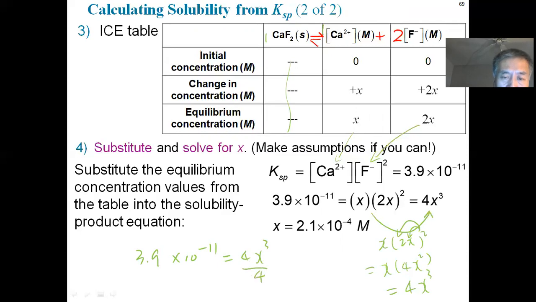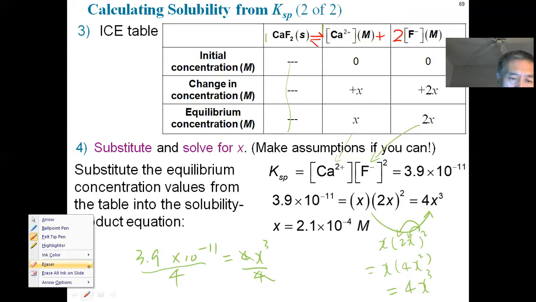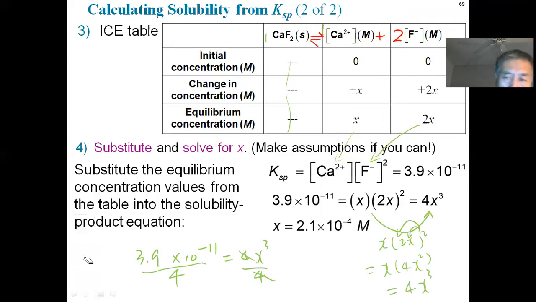So you divide by 4 on both sides, the 4 and 4 cancel. So you get some equation like this. Then you just take the cube root.